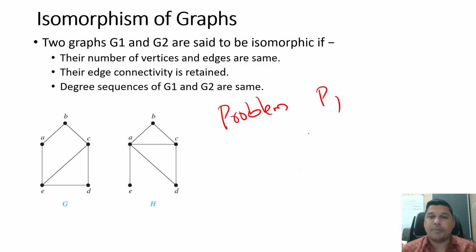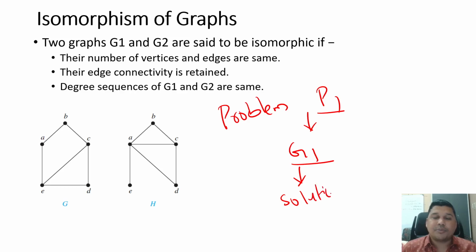That problem P1 you represent as a graph G1. For this G1 you try to find a solution: what is the minimum number of fire stations I should install such that every building can reach a fire station in 5 minutes or less? That general problem is converted to graph G1 and you give a solution for it.